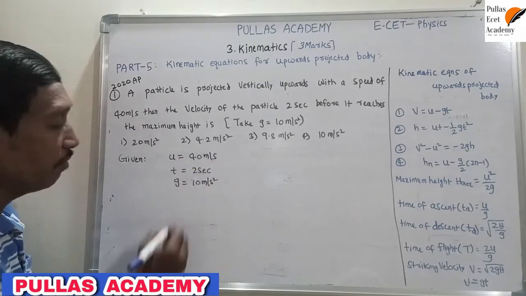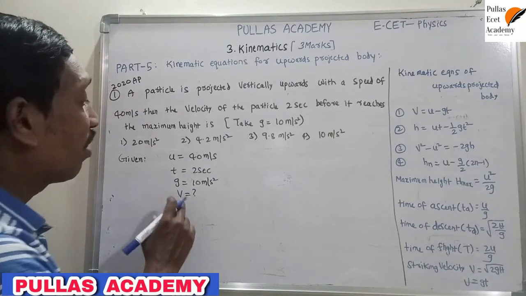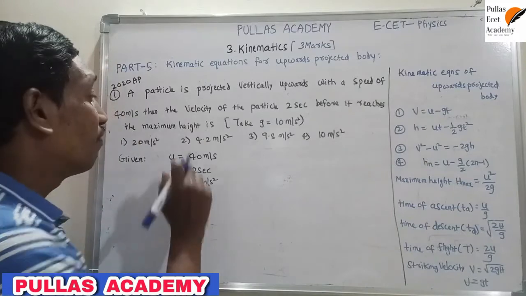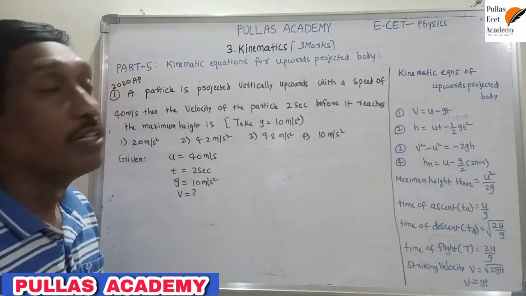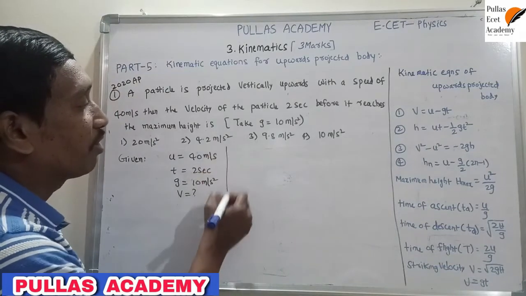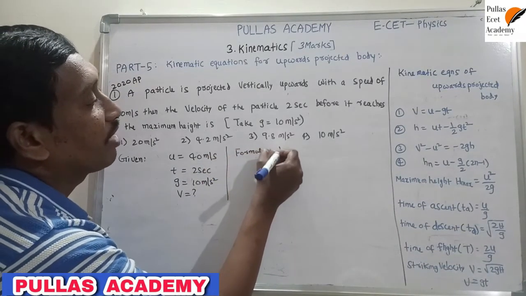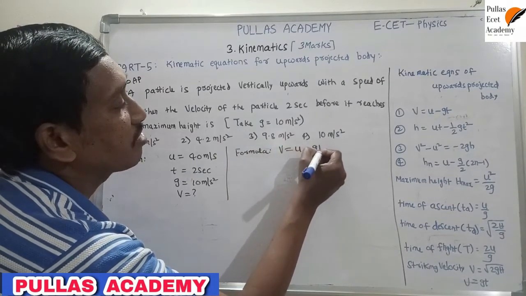What is asked here? Velocity at 2 seconds. Velocity in terms of time, use the first kinematic equation. Velocity in terms of height, use the third kinematic equation. So for the upwards projected body, we have to use the first kinematic equation, v is equal to u minus gt.